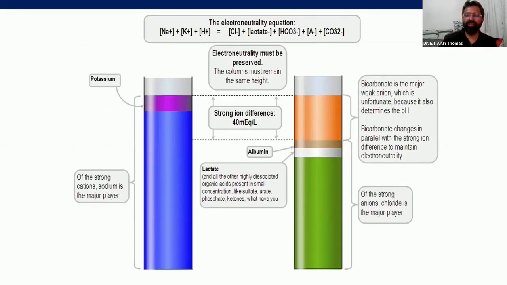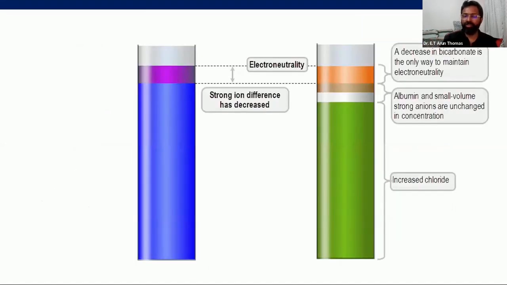The sodium and chloride levels become almost equal, the chloride level goes up. And bicarbonate is a weak anion, it is a buffer, that is why it is called a buffer. It combines with H plus and produces H2CO3, and it gives space for the chloride to rise. So reduction in the strong ion difference leads to hyperchloremic metabolic acidosis. That is why this patient develops acidosis.